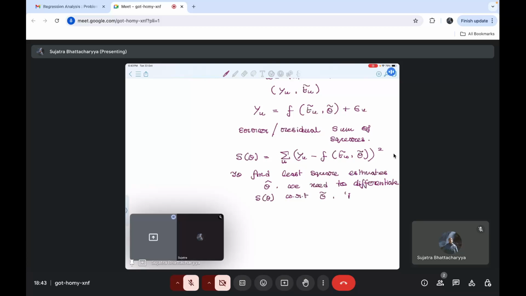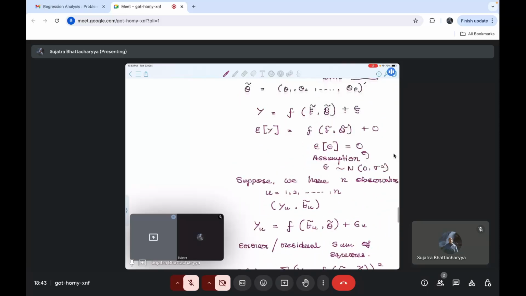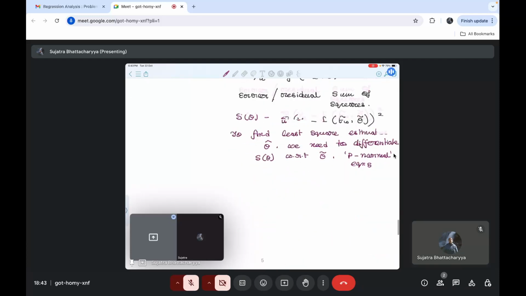And we have p normal equations, definitely. Why are there p normal equations? Because there are p number of thetas. Remember this: there are p parameters, therefore there will be p equations.